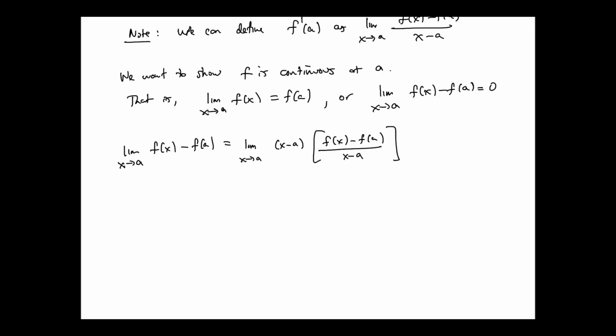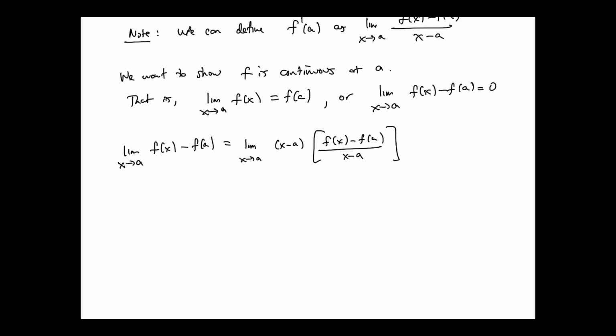Is that the same thing? Okay, why? Because what happens to the x minus a's there? They cancel, okay? So what I just did was multiplied by a disguised form of the number 1, right? So I haven't actually changed anything. I've just changed how it looks.